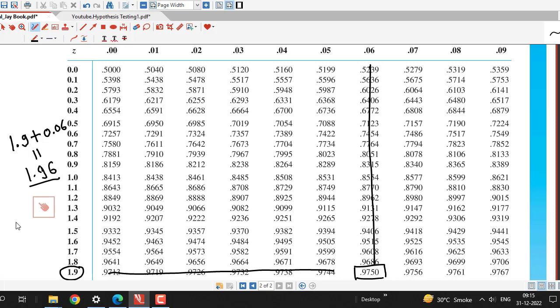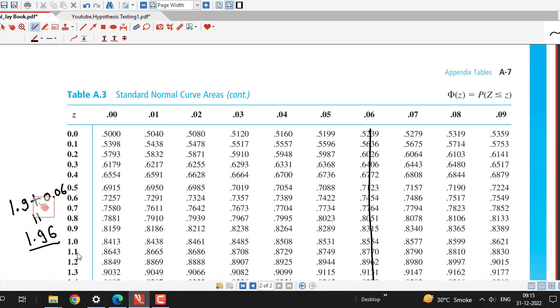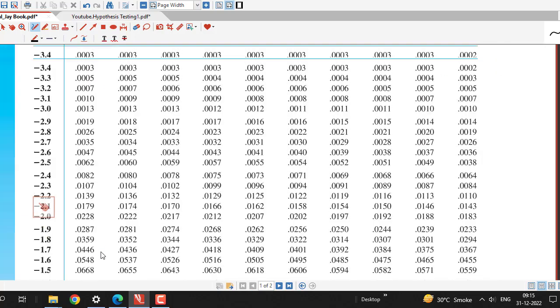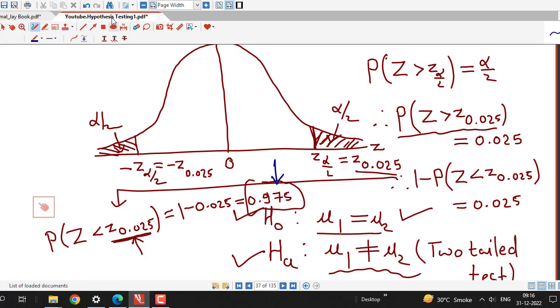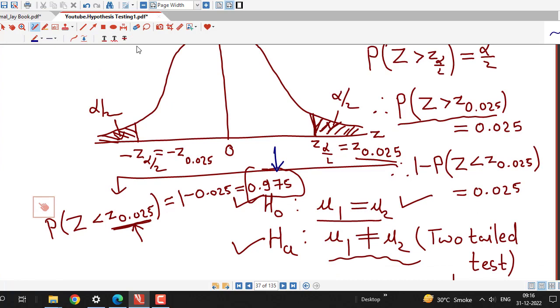That means the probability that Z is less than 1.96 is nothing but 0.9750. That tells us that the value of z suffix 0.025 is 1.96.